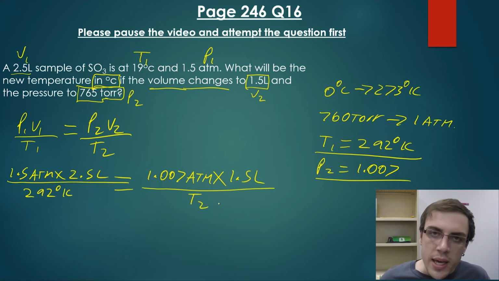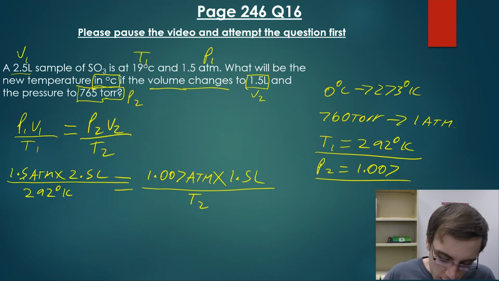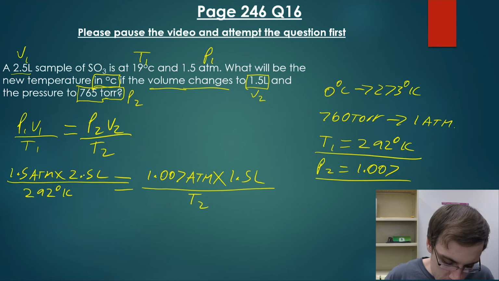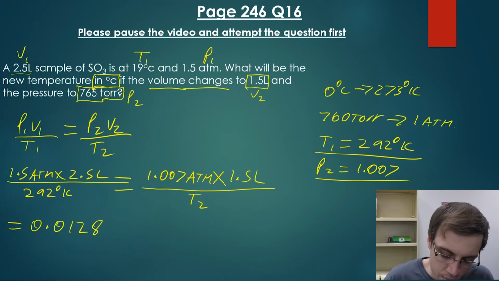Now, we can start to simplify. So we can go 1.5 times 2.5 divided by 292, and that's going to give us 0.0128 is equal to, so this is where we can simplify this.